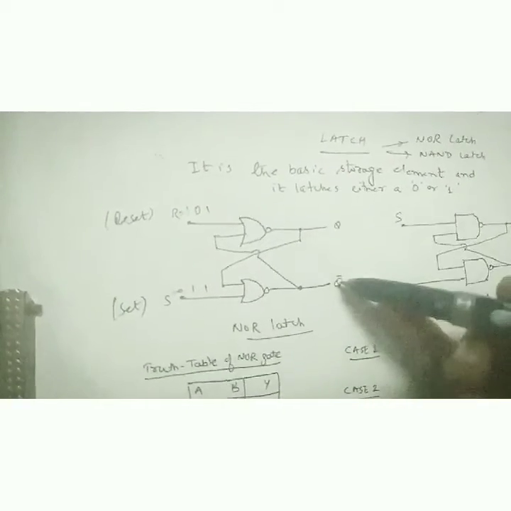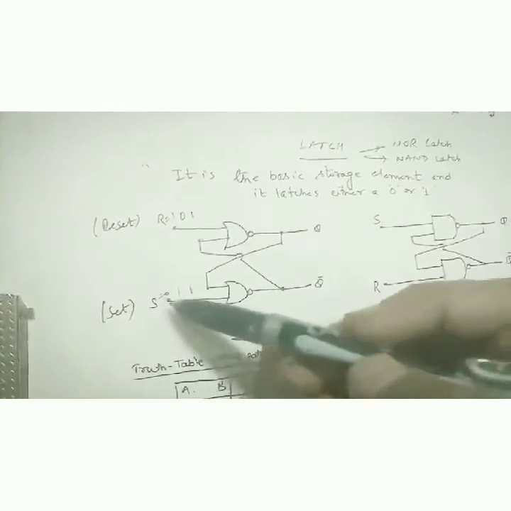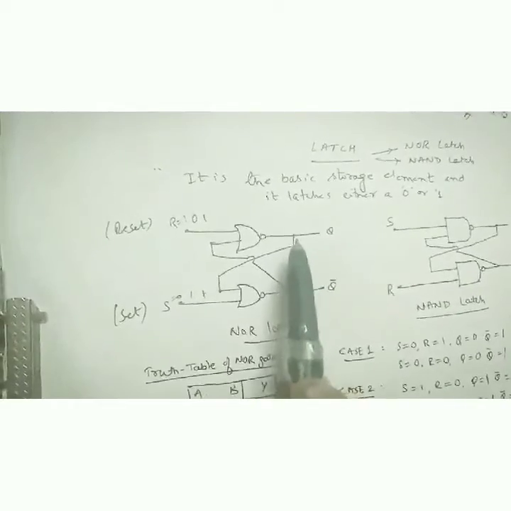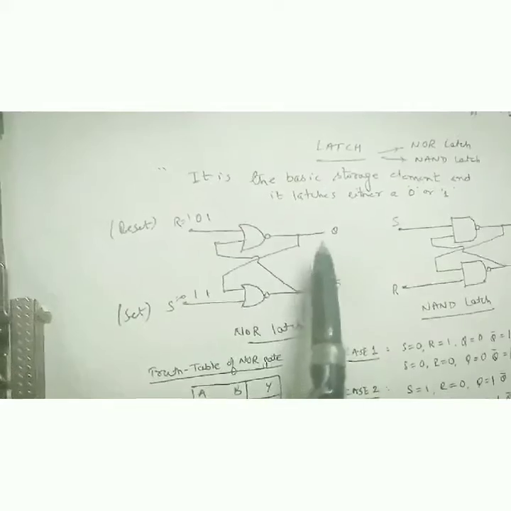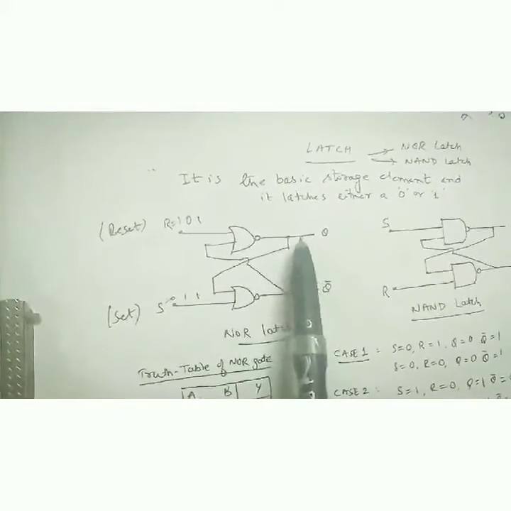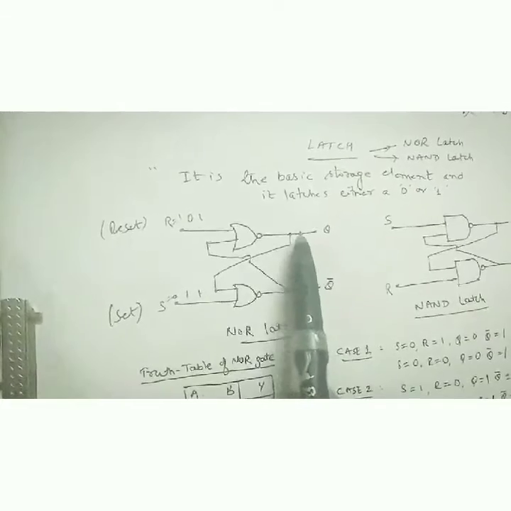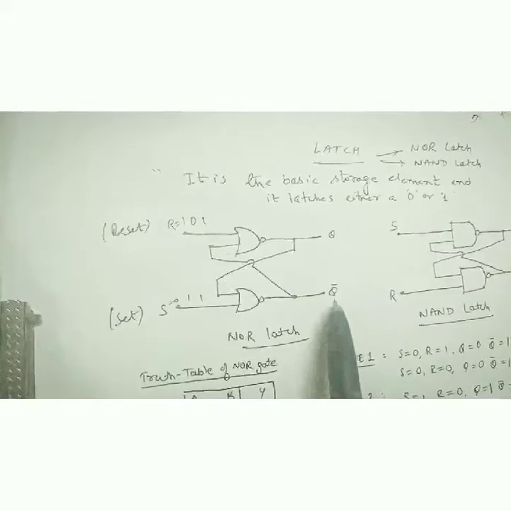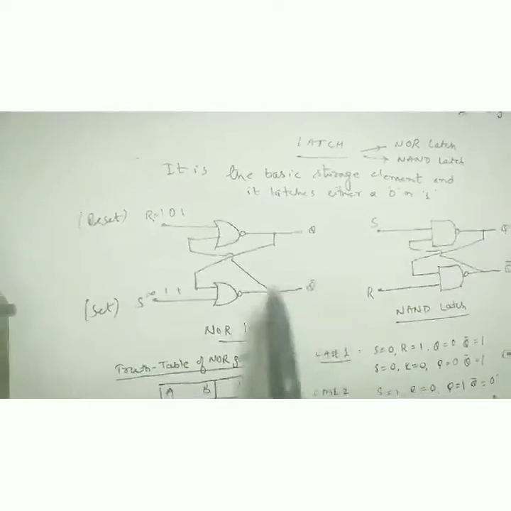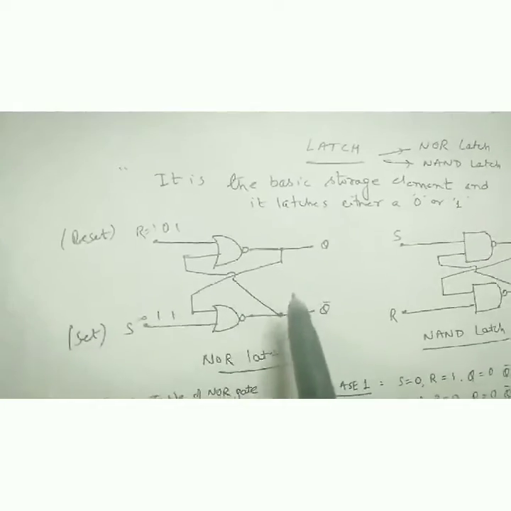Both are 0, and we have removed the inputs. Now there are again two cases in this also. In the first case we are going to consider this Q, and in the second case we are going to consider Q bar as the output, which will be obvious as we see how it operates.